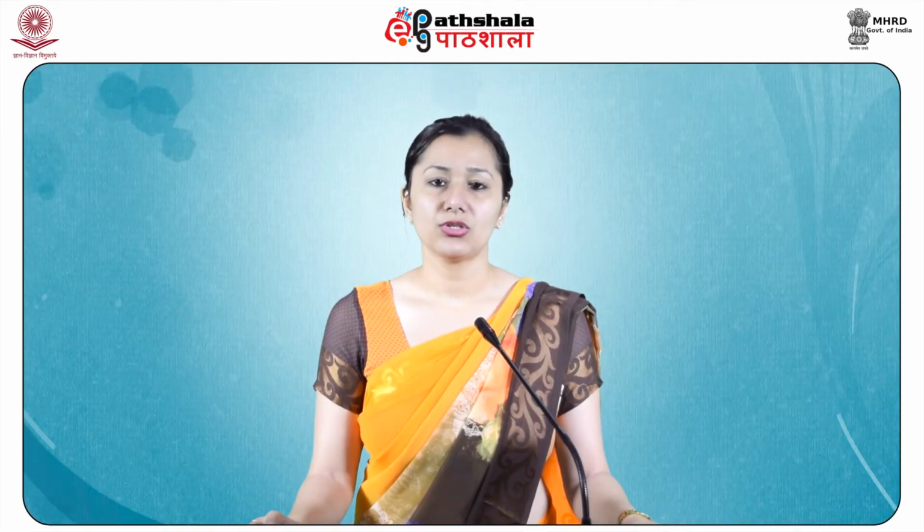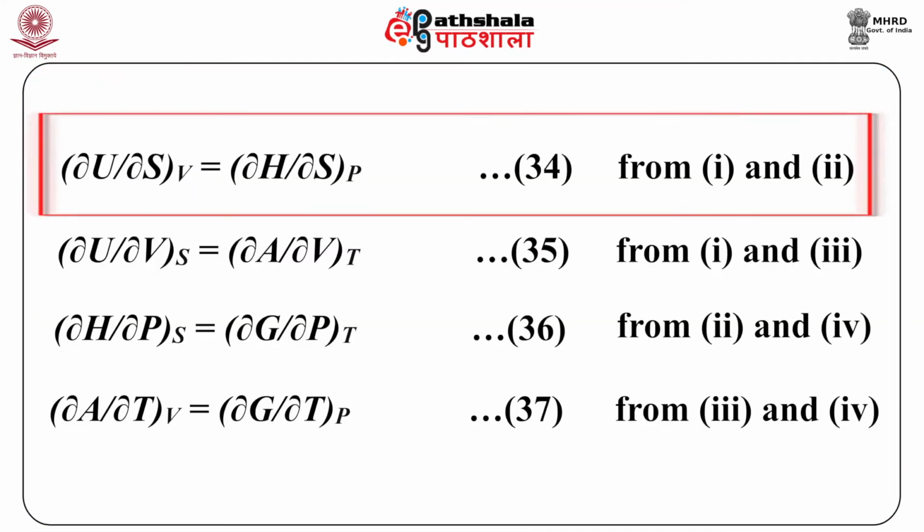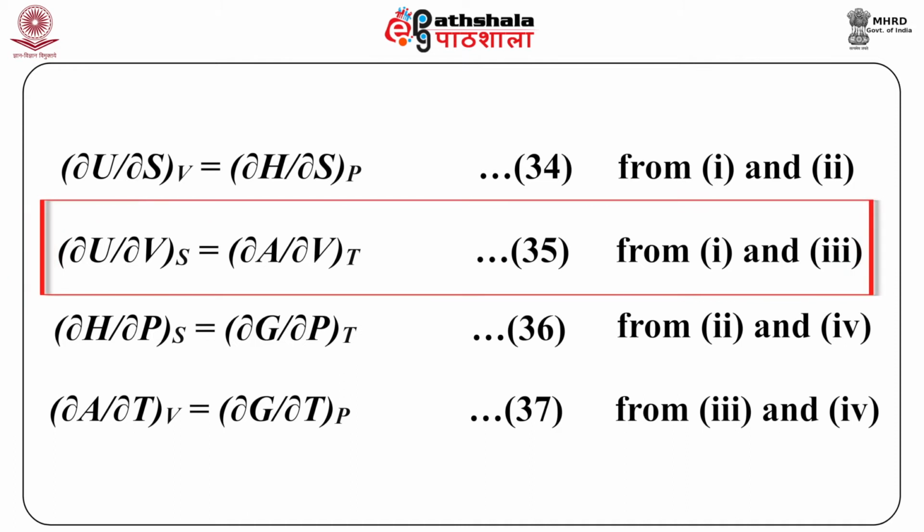Some more relations are dU by dS at constant V equals dH by dS at constant P, from 1 and 2, as our equation 34. Similarly, from 1 and 3 we have dU by dV at constant S equals dA by dV at constant T as our equation 35.